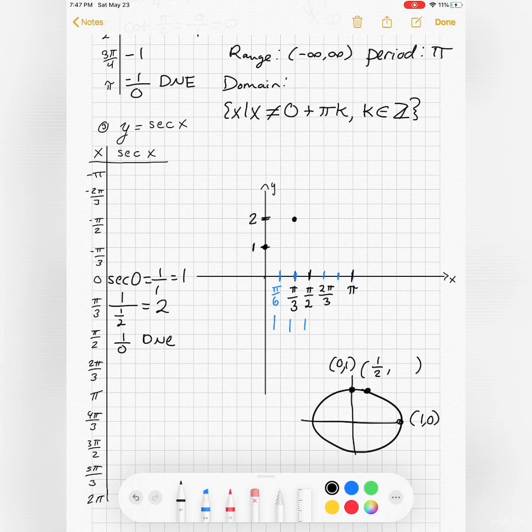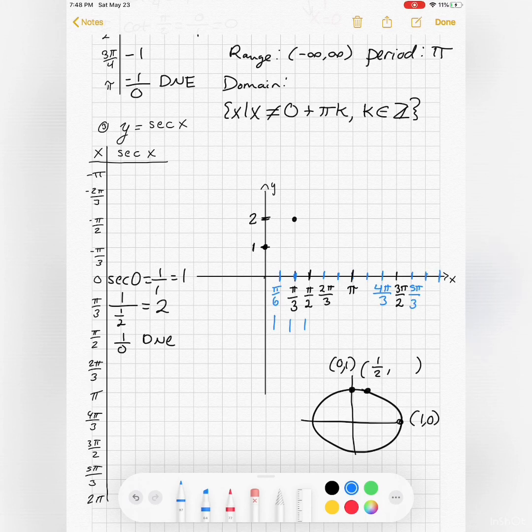Okay. 7/6, 8/6 is 4/3. Because we'll just have different colors in here. That's okay. 9/6 is 3/2. 10/6 is 5/3.